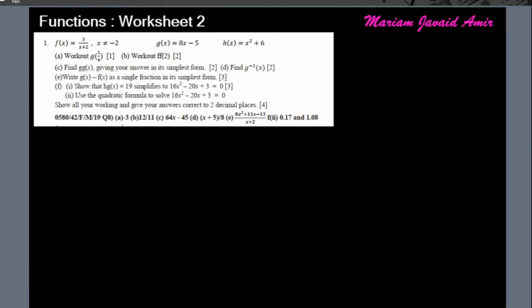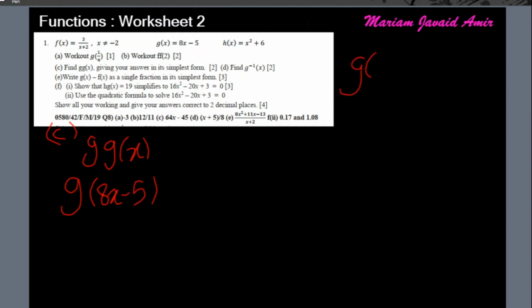Alright. For part C, find g(g(x)). Inside g, we have to write g again, which was 8x minus 5. Just like g(1) means instead of x, substitute 1, here g(8x minus 5) means that instead of x, substitute this whole thing, 8x minus 5.